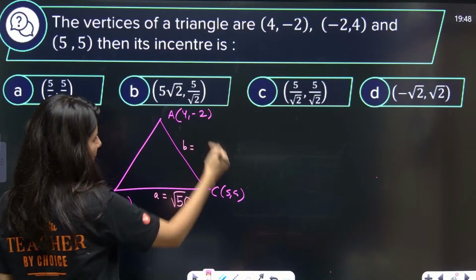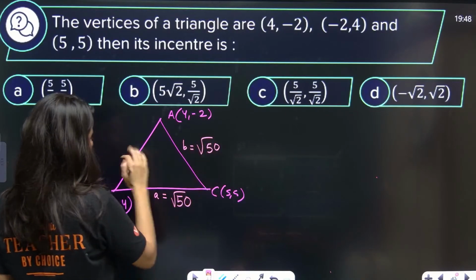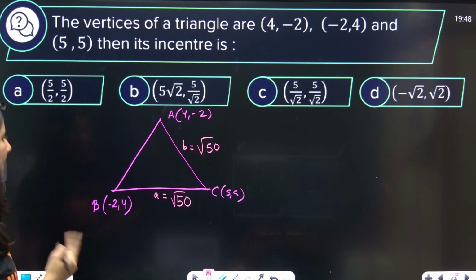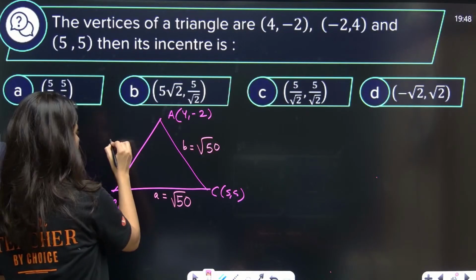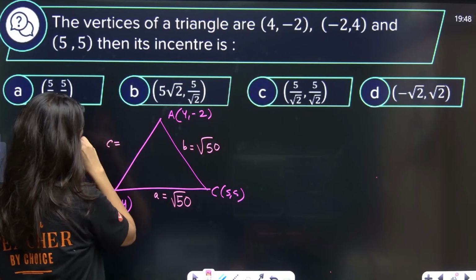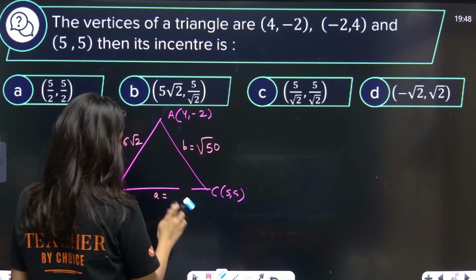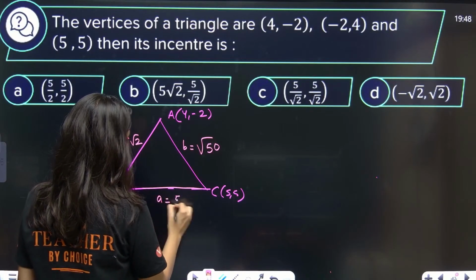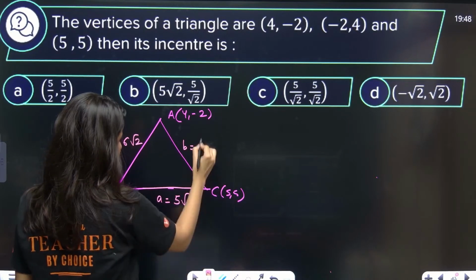B is equal to square root of 1 plus 49, so again root 50. And C is square root of 36 plus 36, so C is equal to 6 root 2. And root 50 is going to give you A is equal to 5 root 2, B is also 5 root 2.